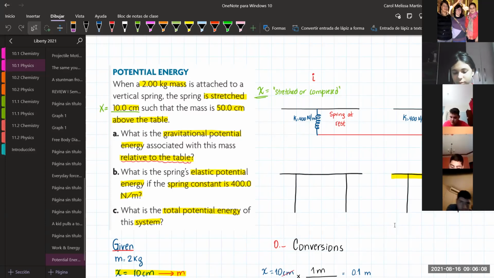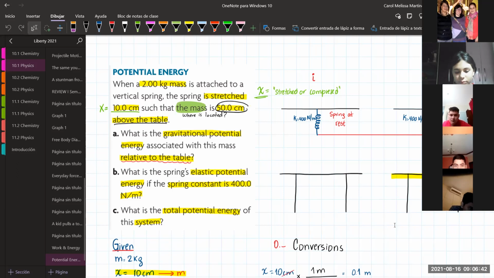This is a way to know it. Another way is, for example, this one, the mass. Where is the mass located? It says that the mass is above the table. Okay? Now, where above the table? Exactly, it is located 50 centimeters above the table.